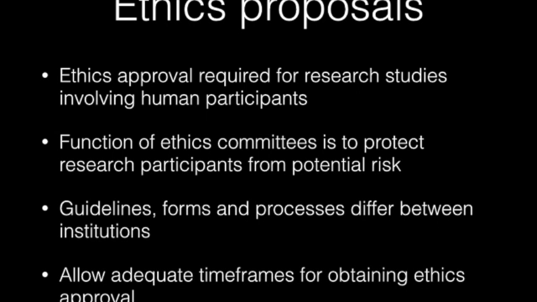You also have to allow plenty of time to obtain ethics approval, and this is particularly the case if your application needs to go through 2 ethics committees, and that is possible if you are deciding to do research outside of the university environment and in an organisation such as a health service or maybe even a school.